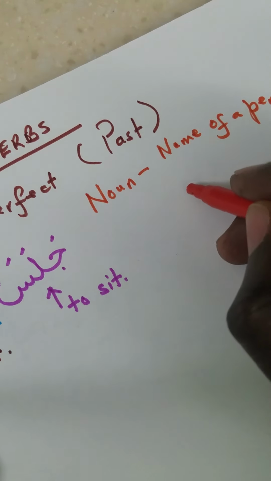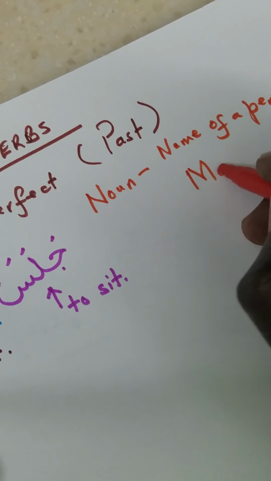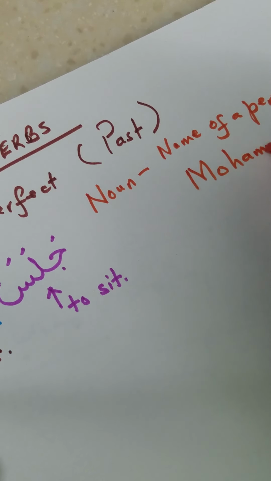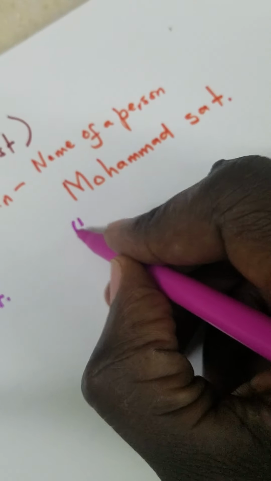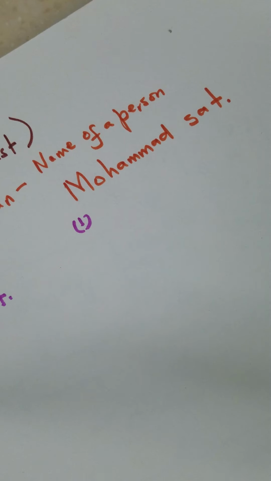When you get a statement like Muhammad sat, you are going to handle this into two phases. Phase number one, and I want you to know this. This is the procedure in Arabic.